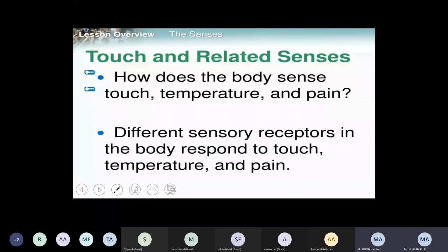So different sensory receptors in the body respond to touch, temperature, and pain. In the body we have different types of receptors in different parts of the body.